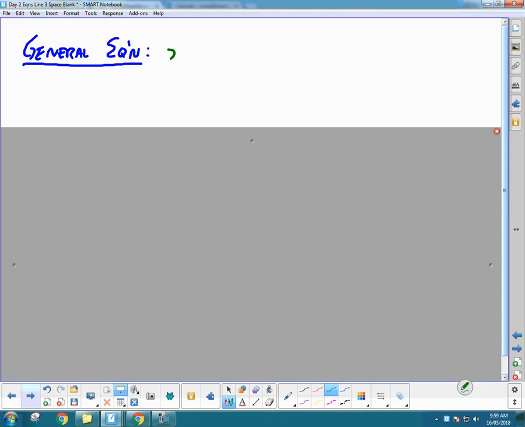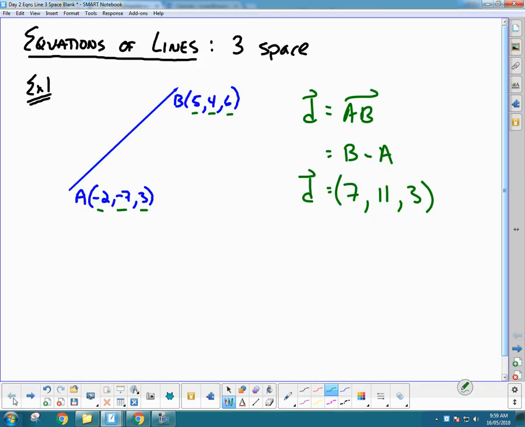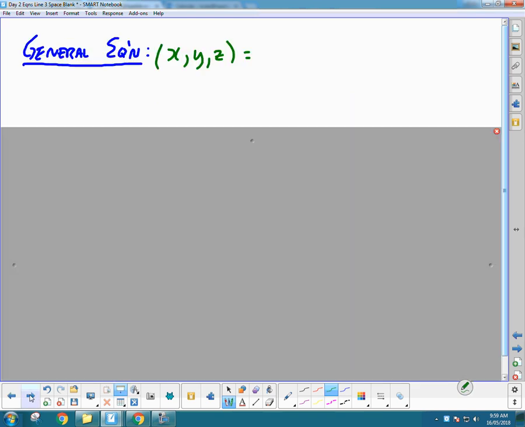So we're going to go from x, y, z this time. So any point in 3 space can be found by taking any given point. So again, let's just pick one from here. I'll choose B again because there's no negatives in it. So I'll choose this one, the 5, 4, 6, plus a scalar multiple of the direction vector. And we just discovered the direction vector was 7, 11, 3.